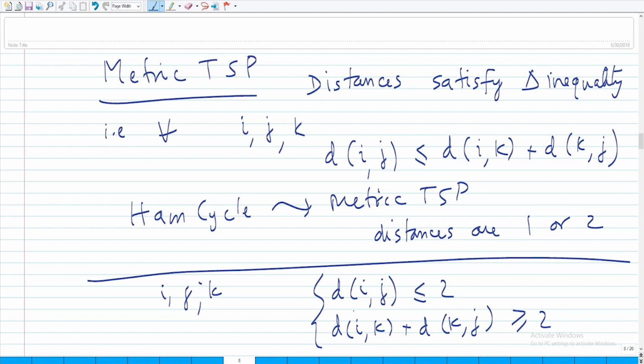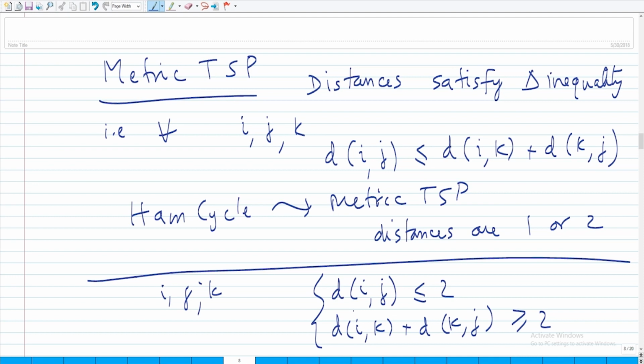So the TSP reduction from Hamiltonian cycle already satisfies triangle inequality, so this special version is also NP hard.